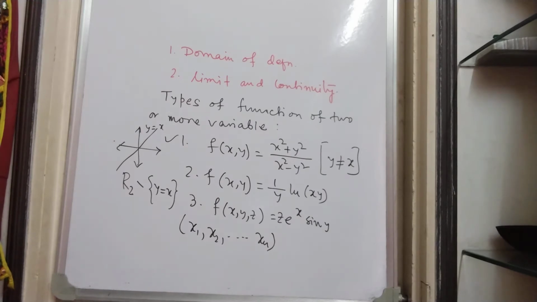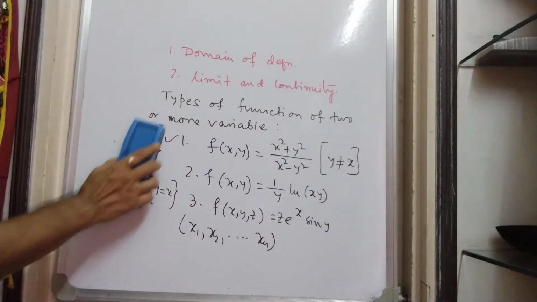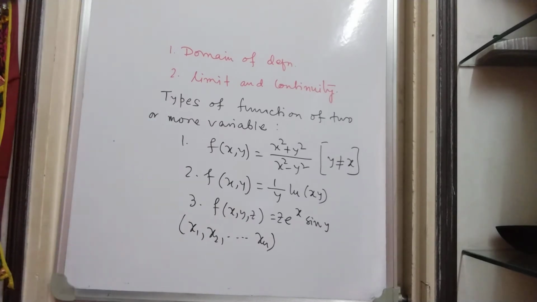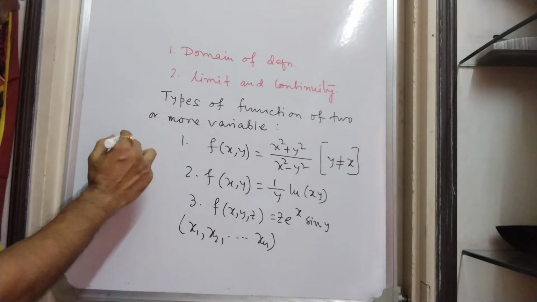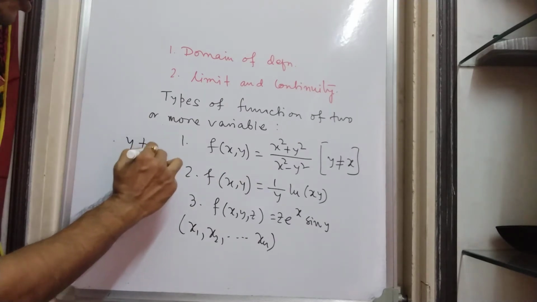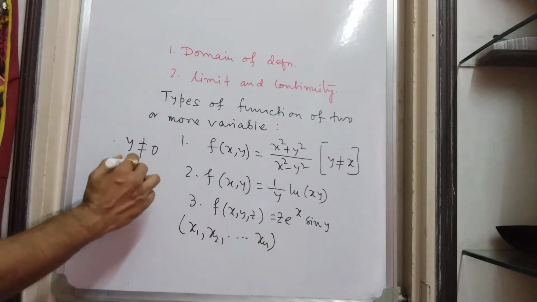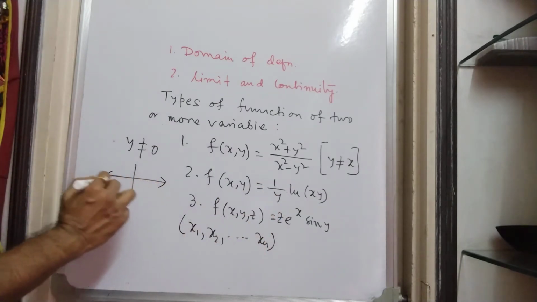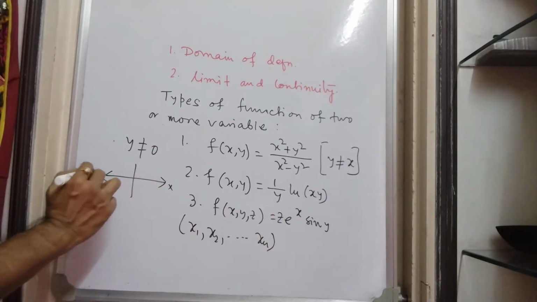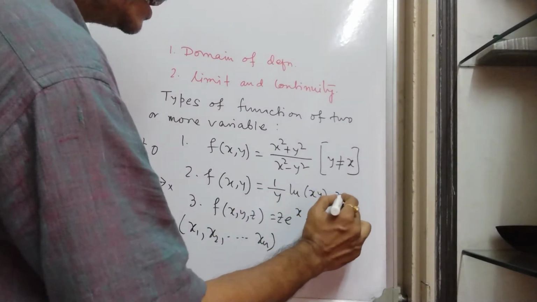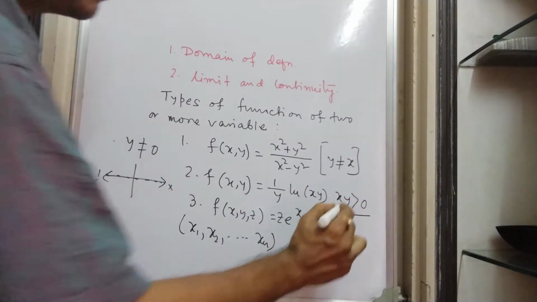And another example is this, where you may apprehend that in this case we have the punctured plane y not equal to 0. So for this case we have R2 minus the x-axis, because on all these x-axis points we have y equal to 0, and we must also ensure that the product xy must be positive.